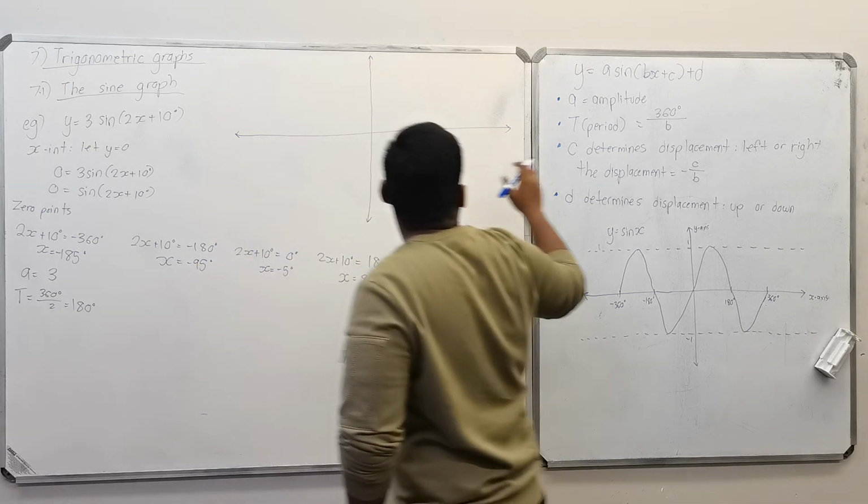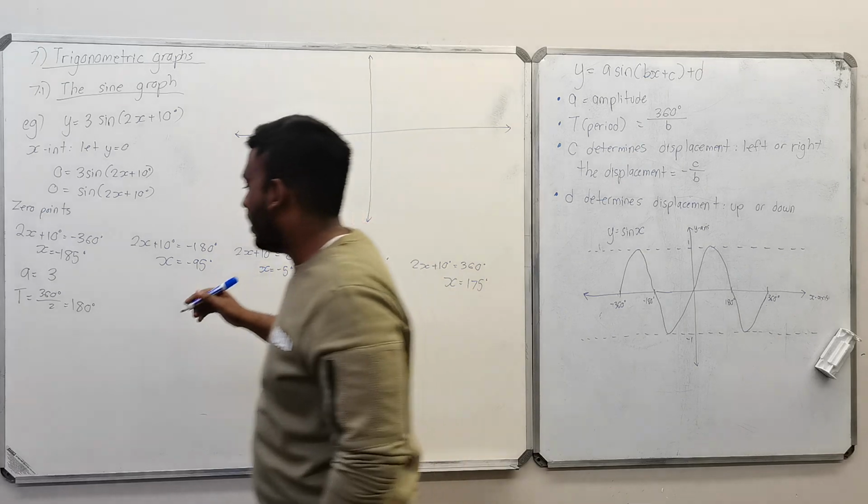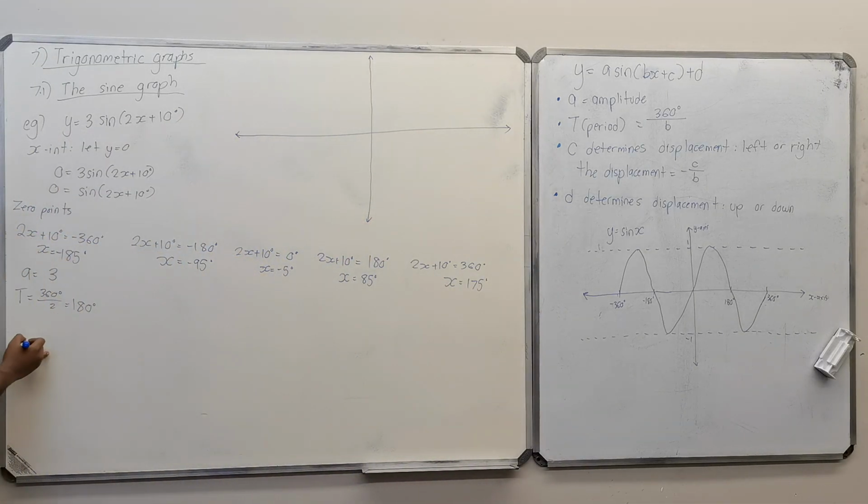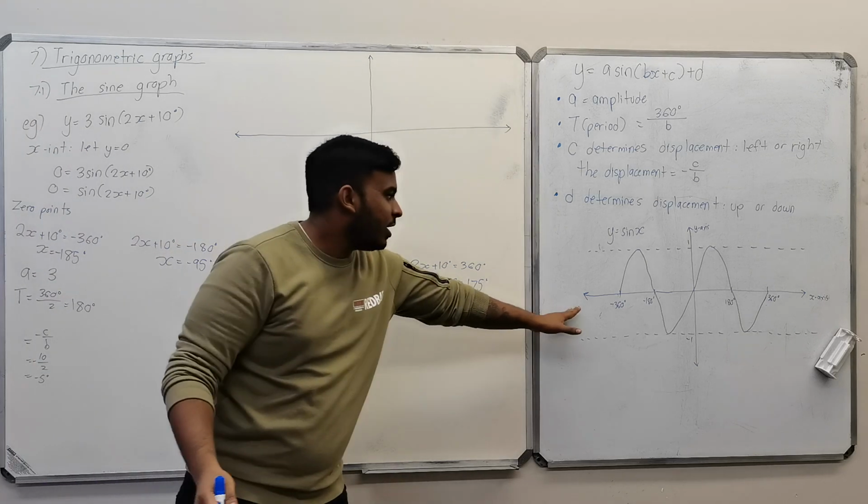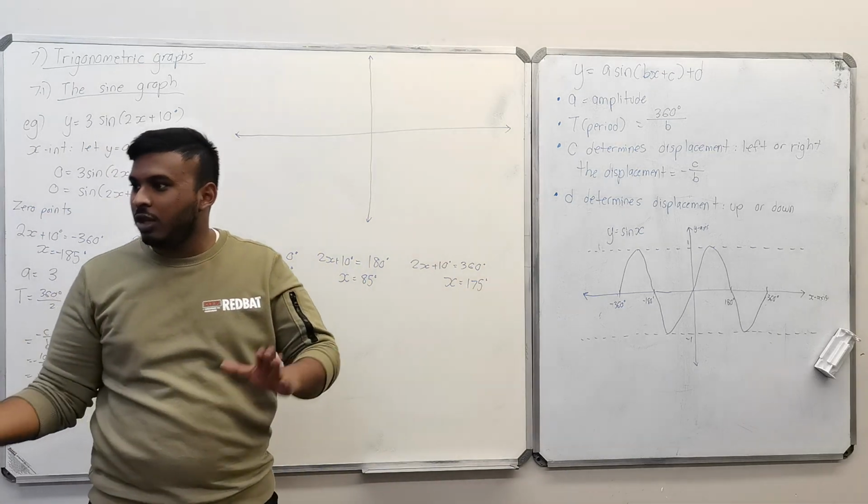You see this part where we said your phase shift is equal to negative c over b. In this question, that would have been negative 10 over 2, which is negative 5 degrees. So basically this entire graph is going to move 5 degrees to your left.